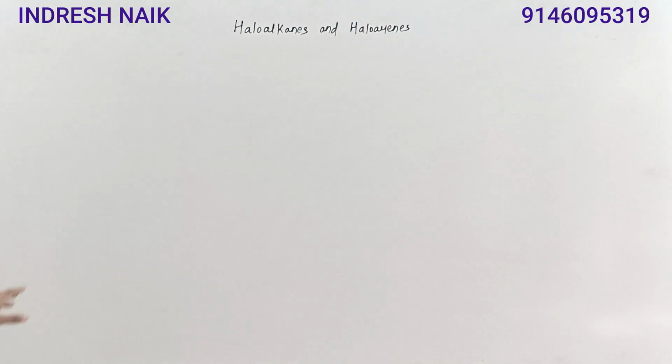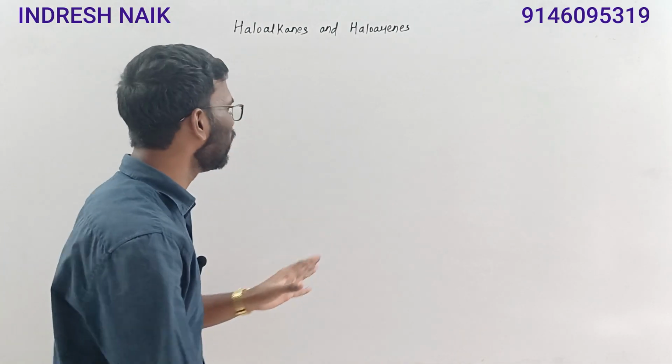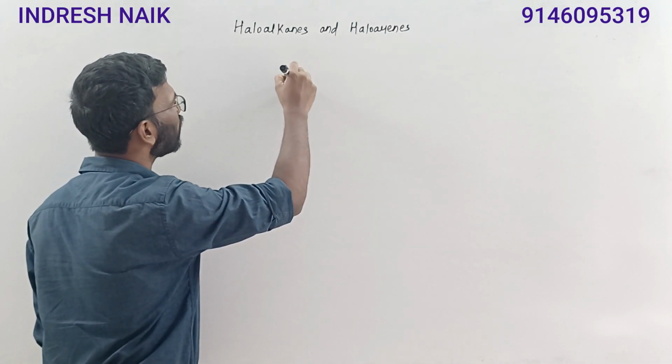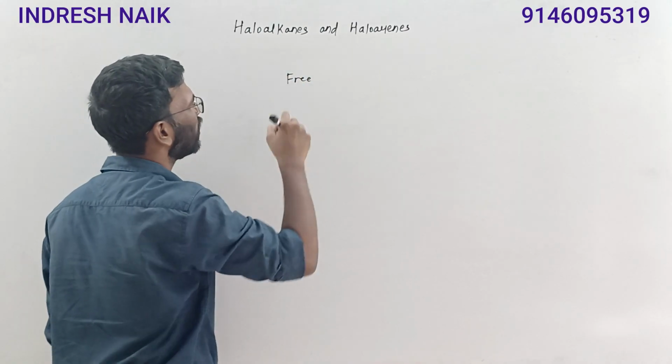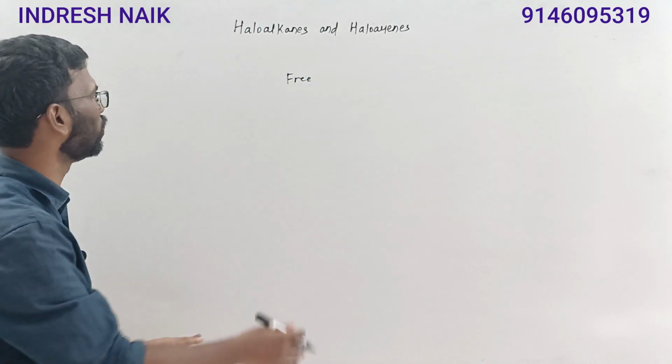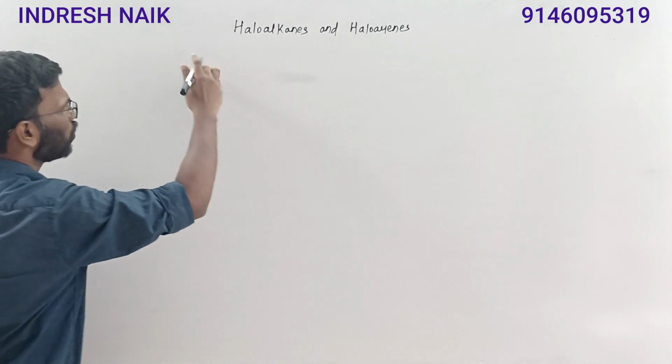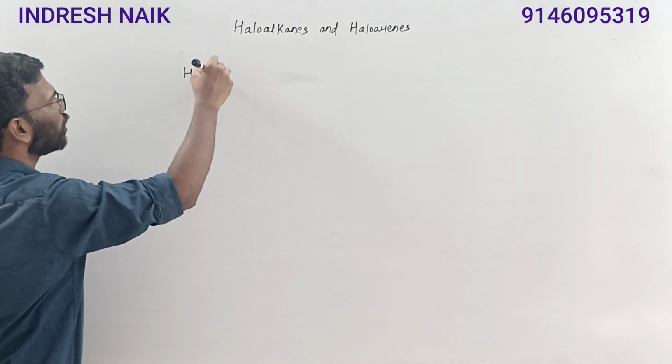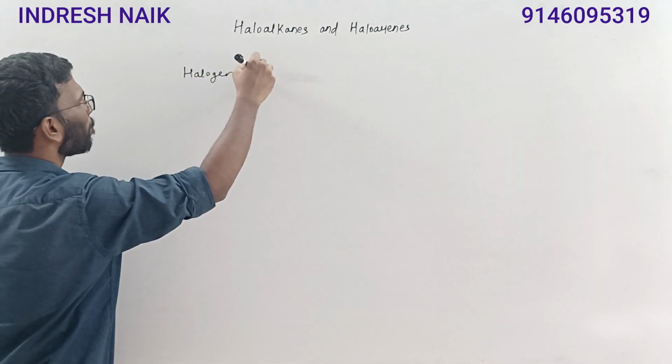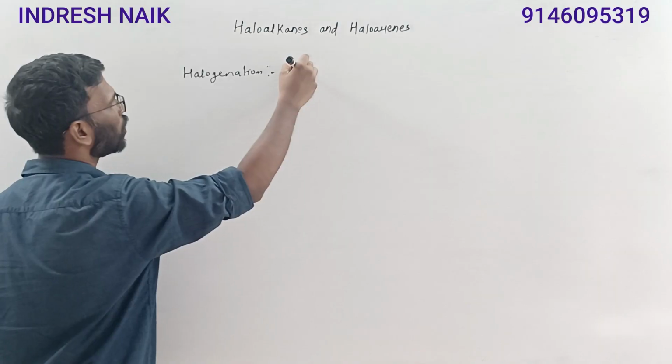One more thing, students, since I have discussed free radical halogenation, there are two kinds of halogenation in the whole chapter. Halogenation means substitution of halogen. I'll break this up because you are going to learn this further.